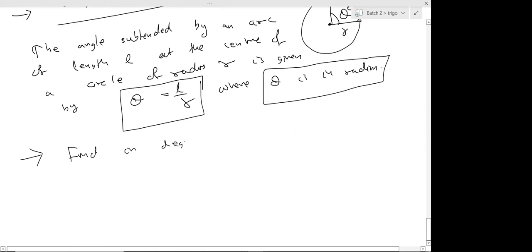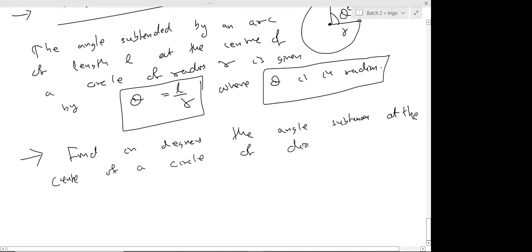Find in degrees the angle subtended at the center of a circle of diameter 50 centimeters by an arc of length 11 centimeters. I'll give you a few minutes. Solve this one.